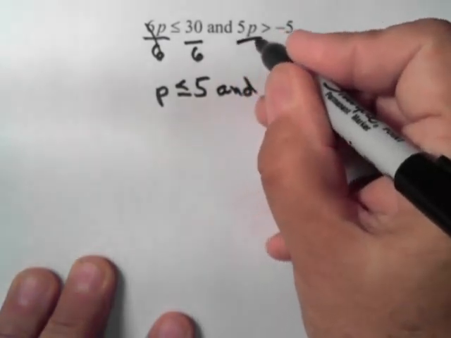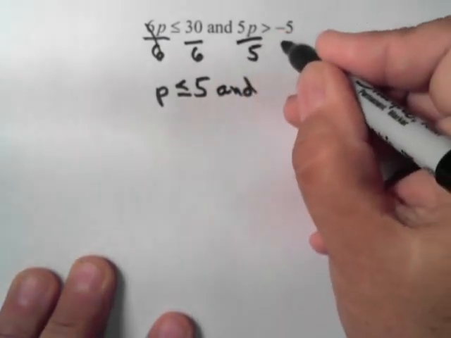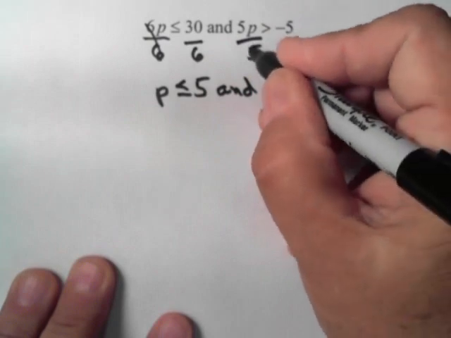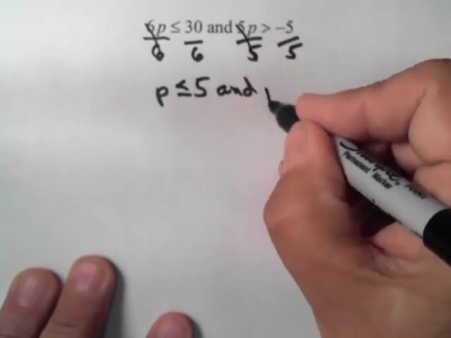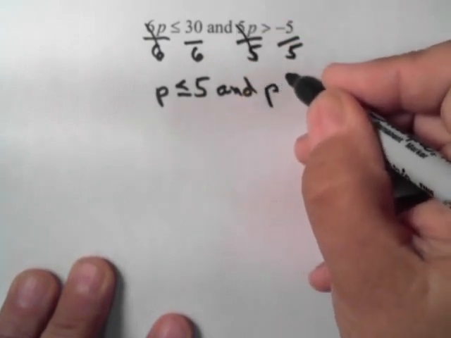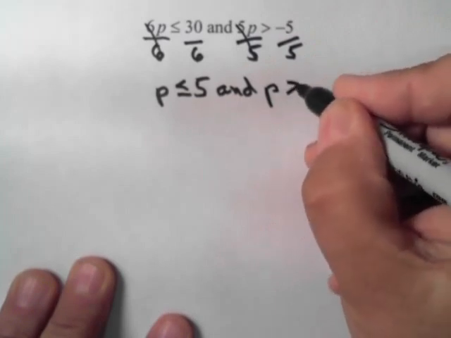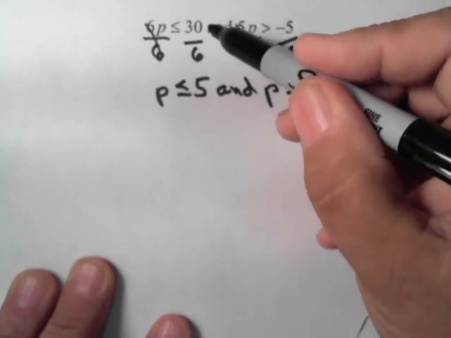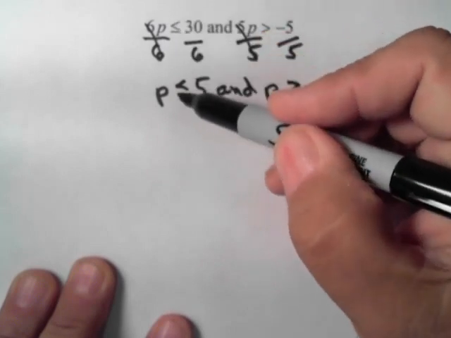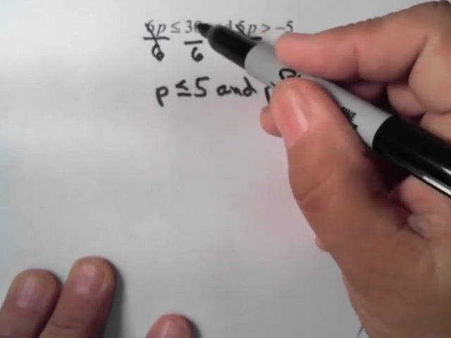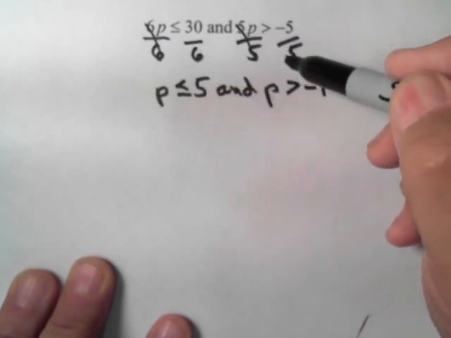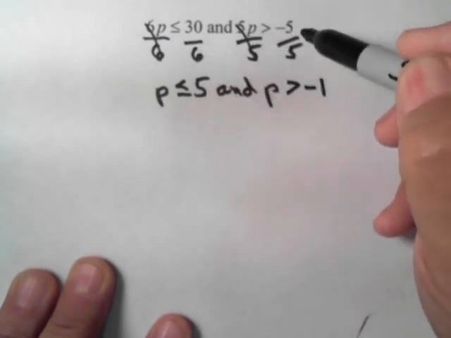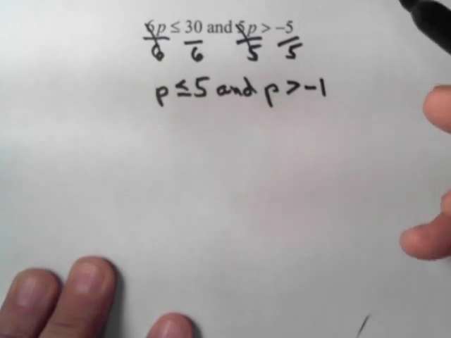Over here we need to do some cleanup also, so I'm going to divide both sides by 5, and we end up with P is going to be greater than, looks like it's -1. So let's double check this. P is less than or equal to 5, and P is greater than -1.